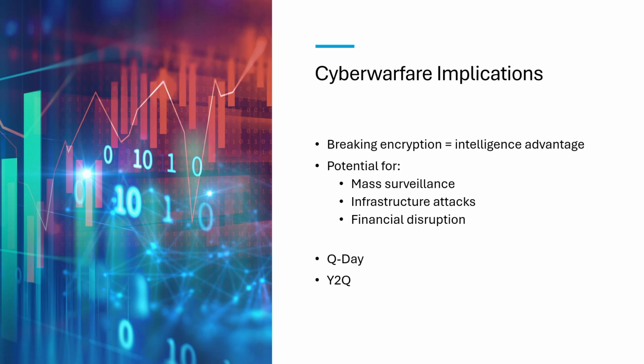As we talked about Q-Day earlier, Y2Q is essentially whenever the first country breaks it, and that's another play on Y2K if you can't tell. Whenever the first nation breaks quantum computing and is able to do that, it'll be silent, it'll be in the background, but it'll have huge implications. So there is a race for that.